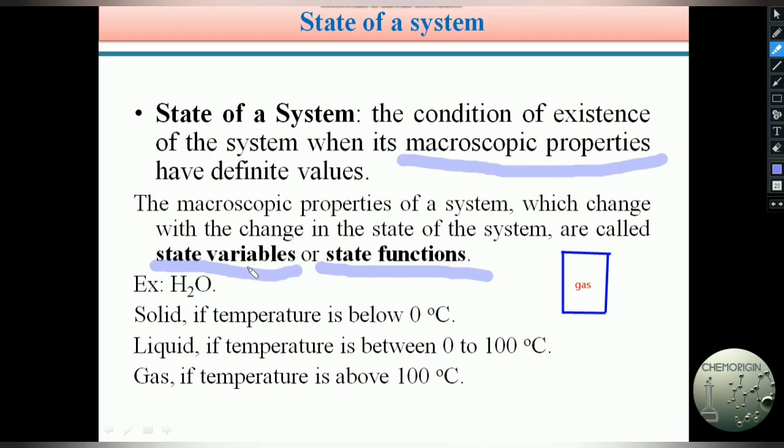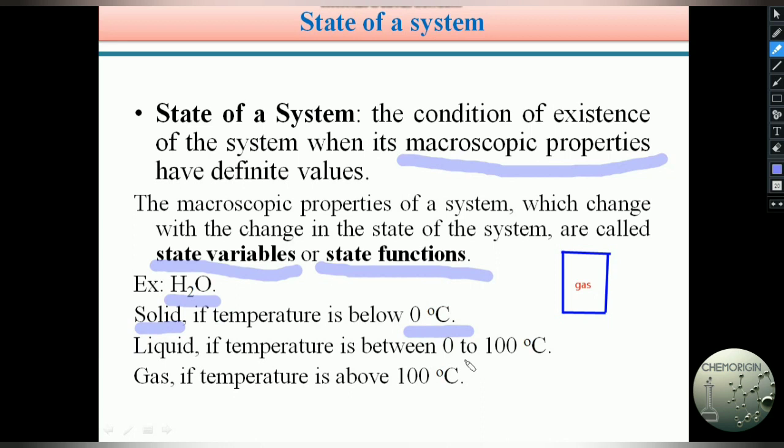For explaining this, we can take water as an example. Water is an example of a state variable or state function. Generally at room temperature, water is a liquid, but below 0 degrees centigrade at atmospheric pressure, it is in solid state.